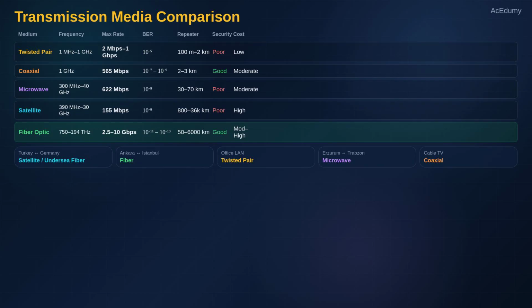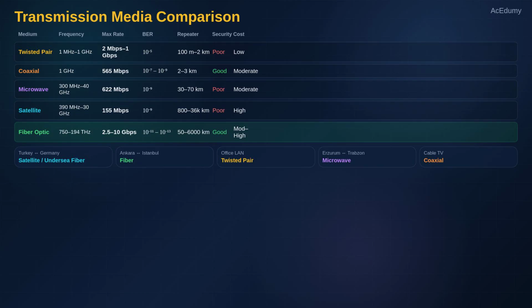Operating from 750 terahertz to 194 terahertz, with bit rates from 2.5 to 10 gigabits per second and potential for 150 terabits per second. BER of 10 to the minus 11 to minus 13. Repeaters at 50 to 100 kilometers, extendable to 6,000 kilometers. Good security and moderate to high cost.